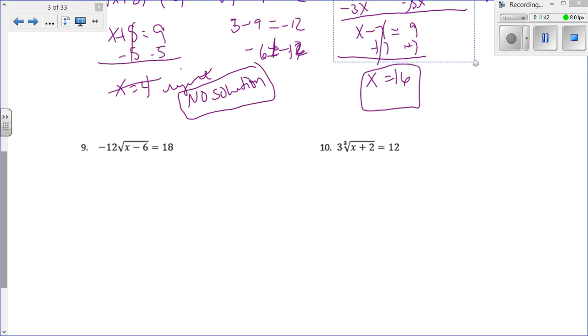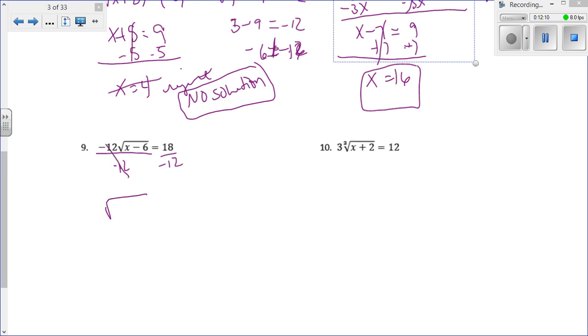For number 9, I have two choices on how I want to work with this one. I can work with this one and square it like it is, and square each term, or I could divide by the number out in front of the radical and then square it. Doesn't really matter what you do. But in this one, I'm going to do this.